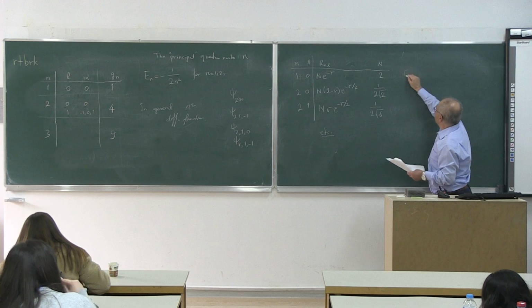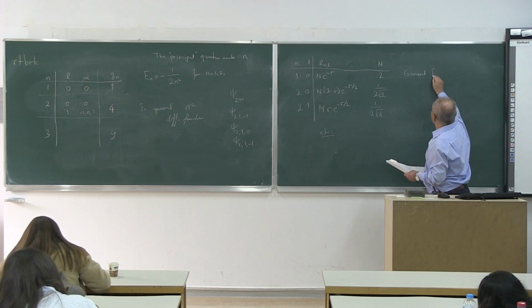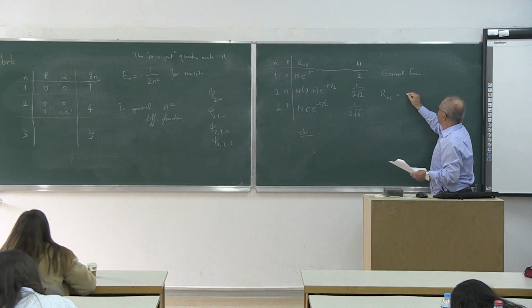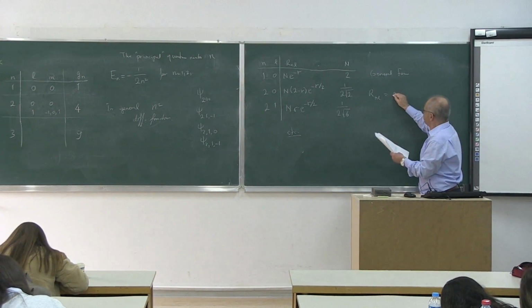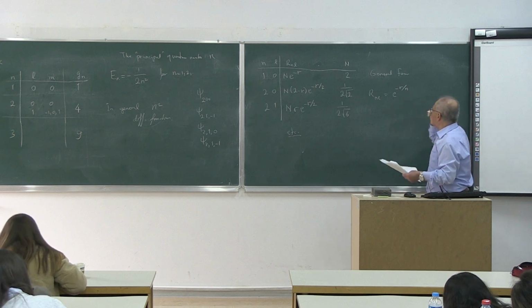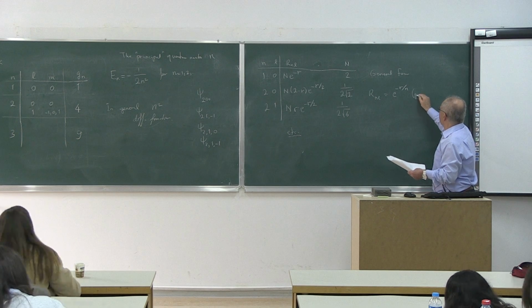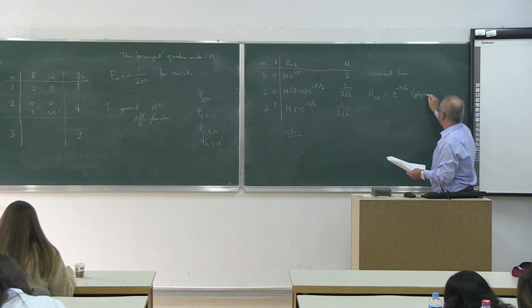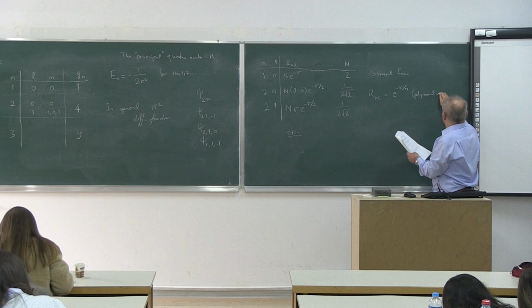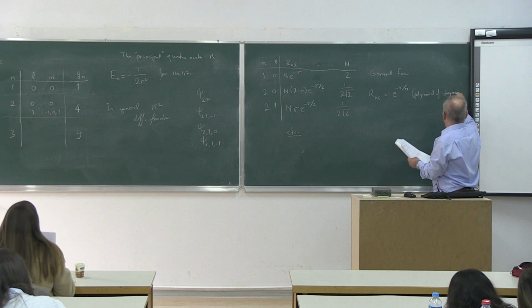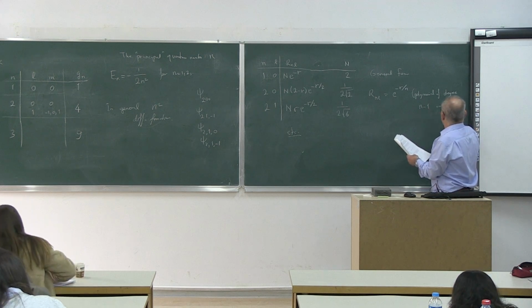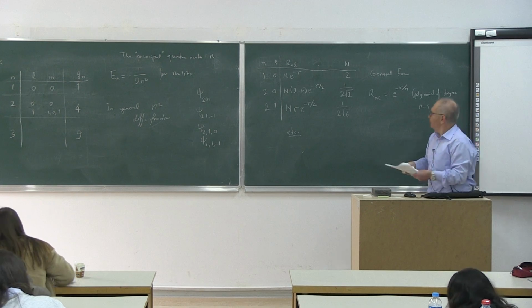In general, the general form of R n l is there is a factor which is e to the minus r divided by n times a polynomial of degree n minus 1 in r.